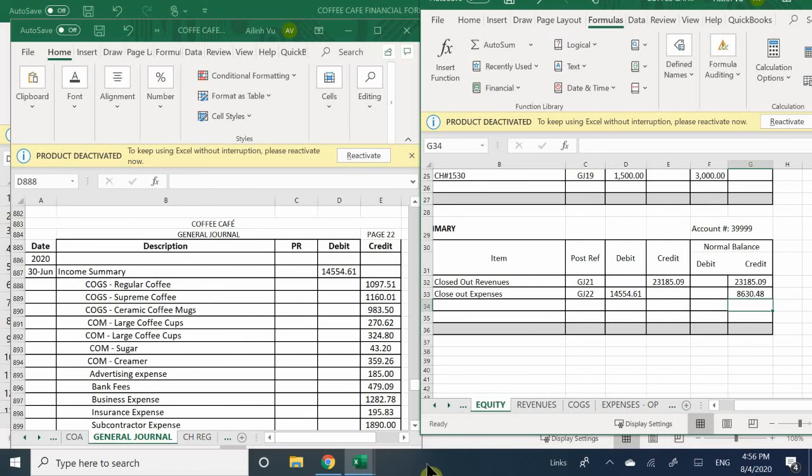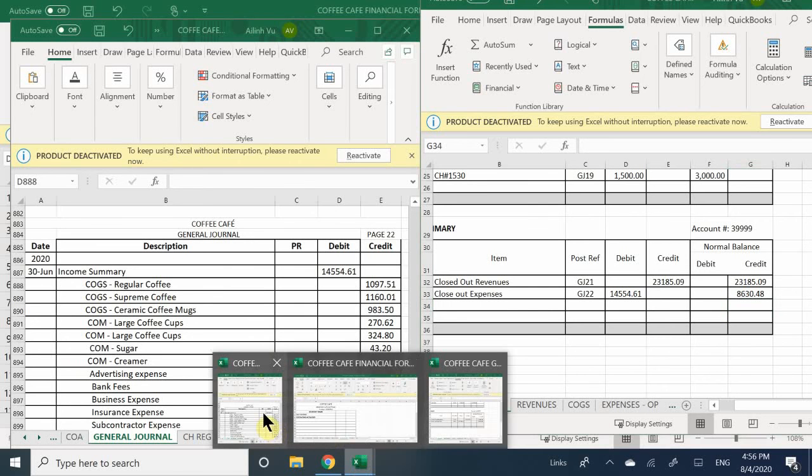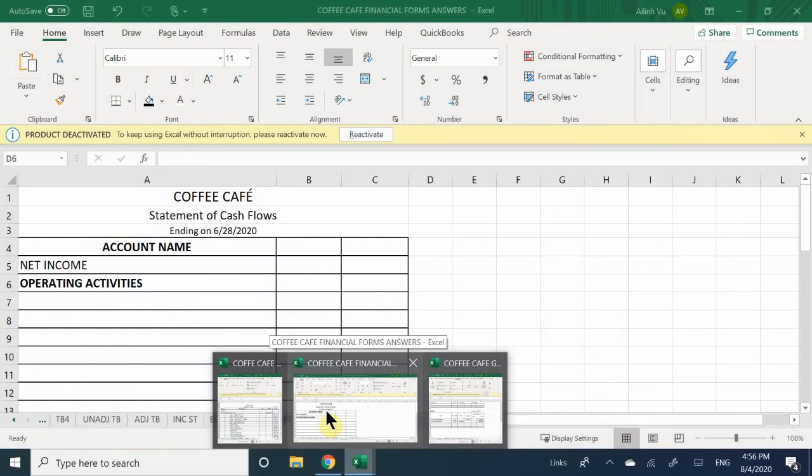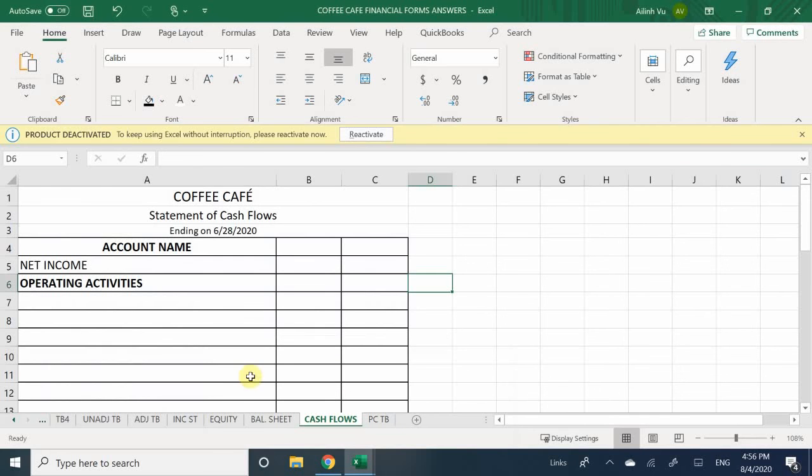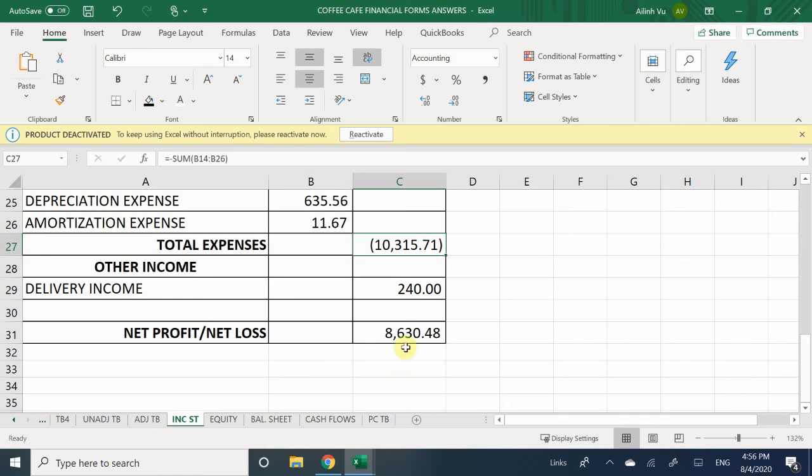So where have I seen that before? I have seen that when I calculated my profit. So let's go back to here and just confirm that my income statement is, yes, 8630.48 is my profit. And that's exactly what I just calculated right there.